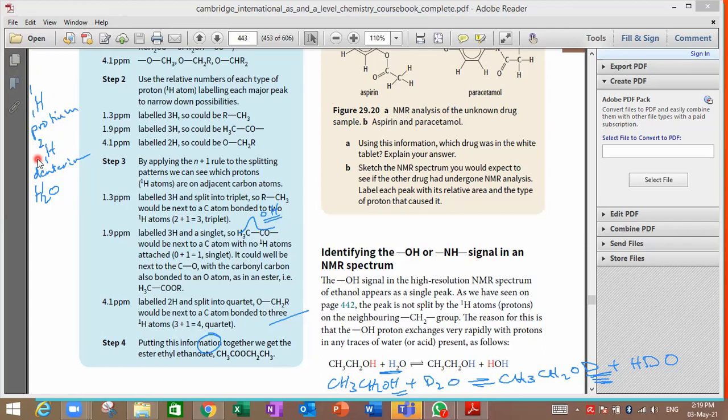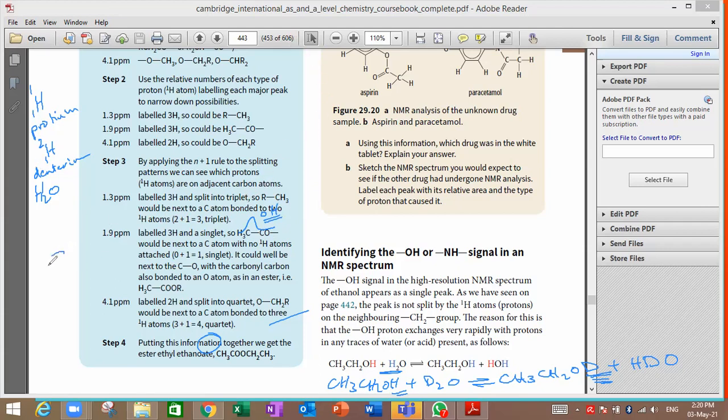Yes, but you didn't say the sum of the protons and neutrons. You said the protons and neutrons should be odd in order to get the NMR. Yes, the sum of them should be odd. That's what I told you about carbon 13.